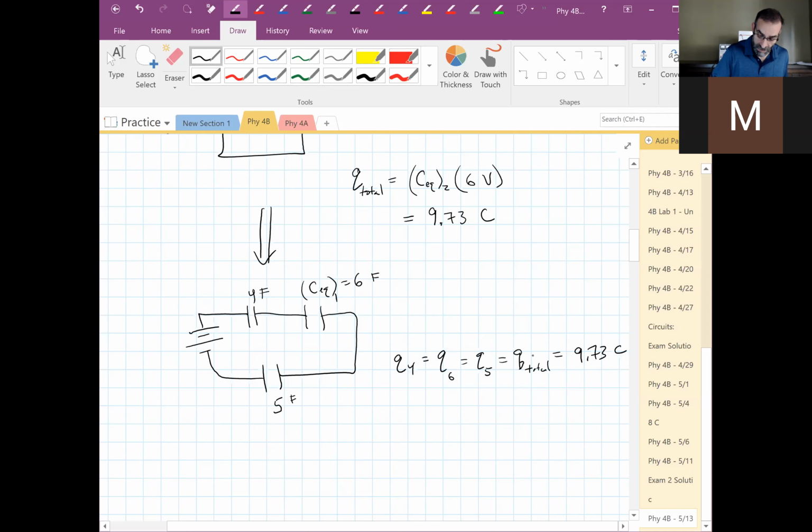That's a Q, not a 9. Okay. So if we know the charge stored on each capacitor and we know the capacitance, we can find delta V for each one.